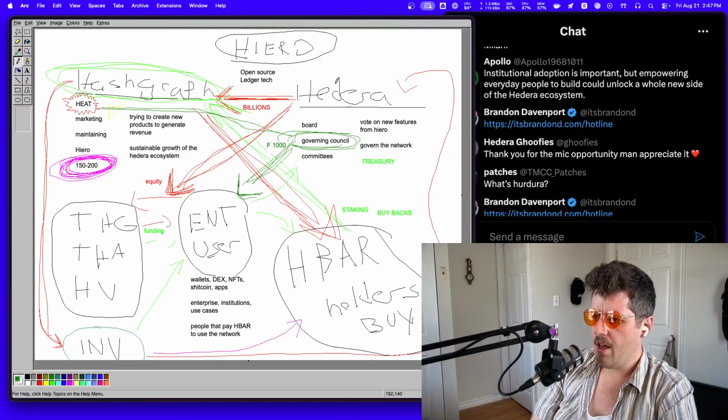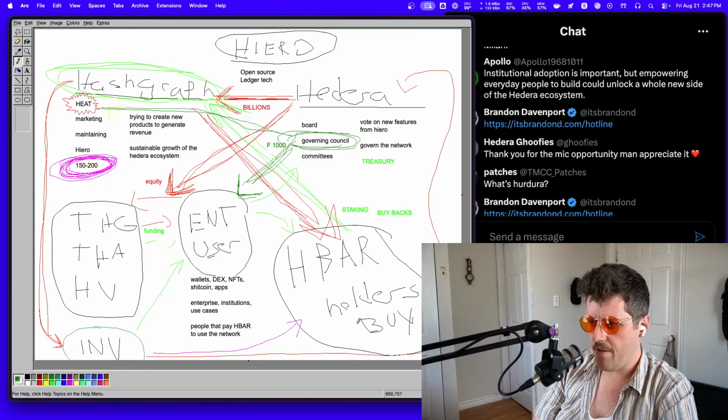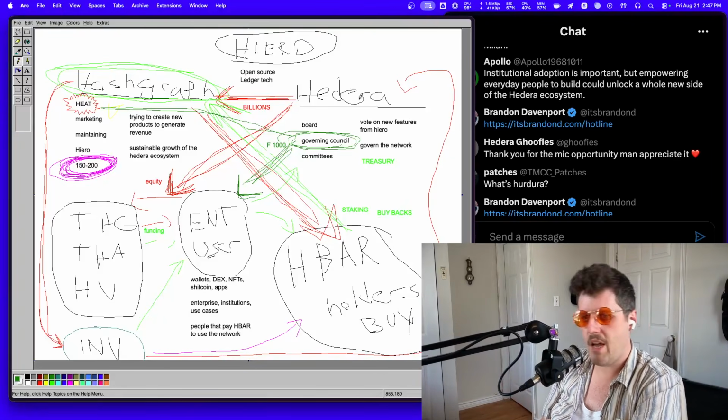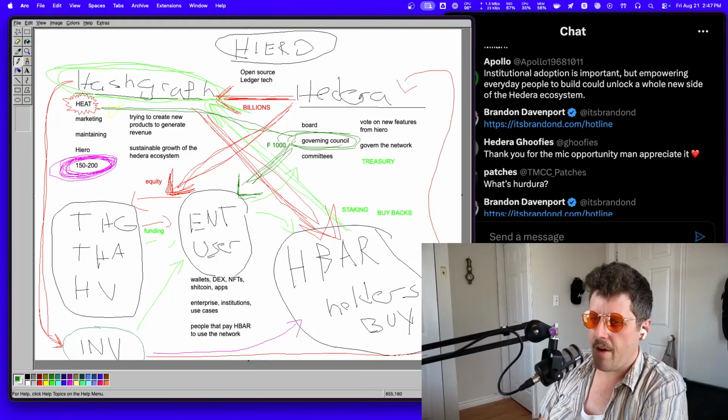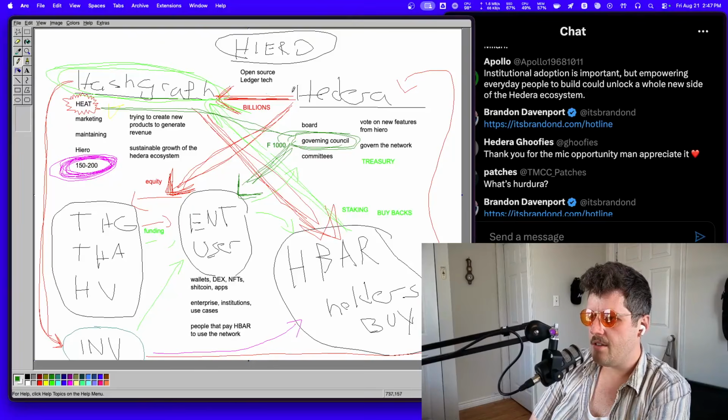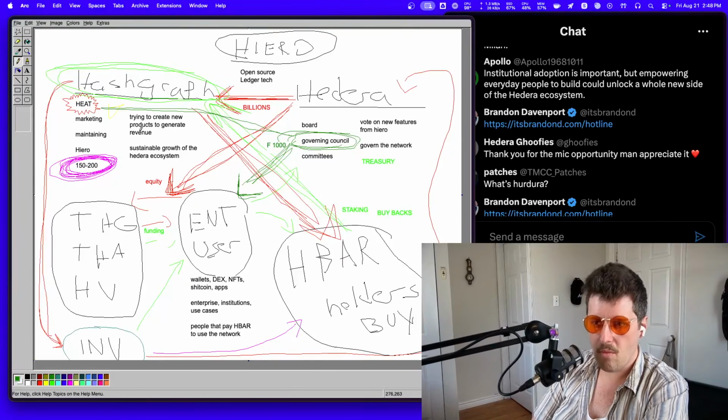And if enterprise use case and enterprise users are using the network a ton and they're generating a ton of network revenue and they're sending a ton of HBAR to the treasury through network fees, right? If we're doing like thousands of transactions per second, we're doing millions of revenue per day, well then heck, Hedera can send tons of HBAR to HashGraph to keep everything rocking and rolling and keep the party going. Like it can work all different ways.